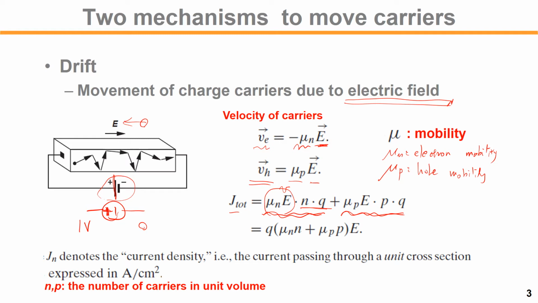So each electron has the charge of q, so q times n is total. This is the charge in the unit volume, right? And also p times q is the number of holes in unit volume. Each hole has a q charge, so pq is the total charge in unit volume. So current density can be written like this and total like this.